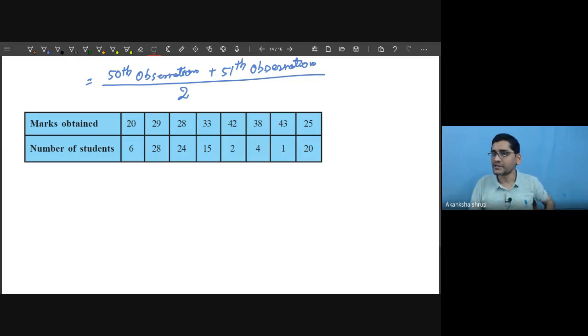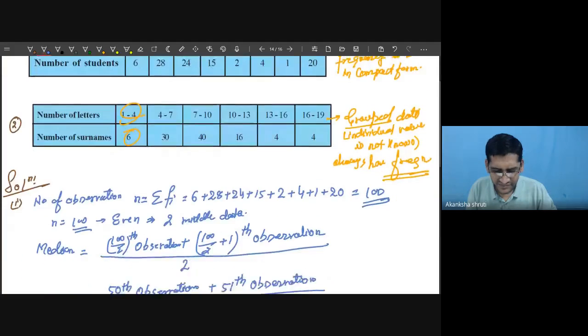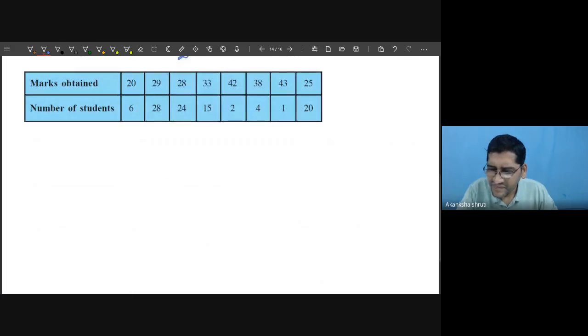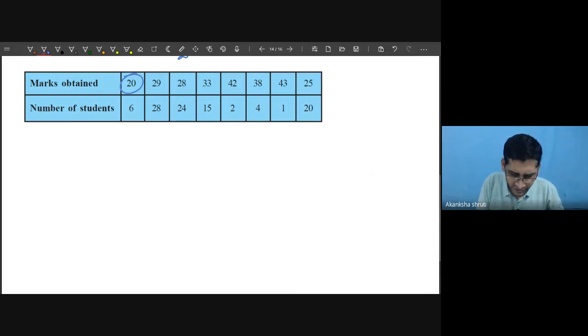Students, perhaps you might be getting confused, but observe this table carefully and you can get it. What I am going to do is write this out. Here it is given that 20 is present 6 times. Let me write, don't worry.